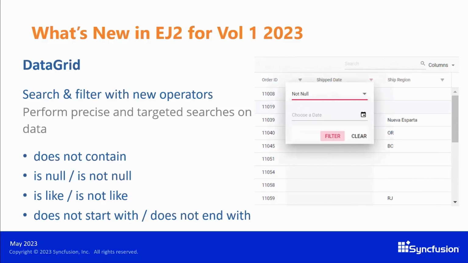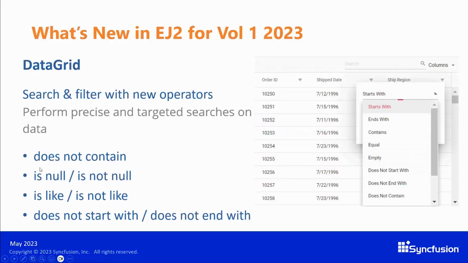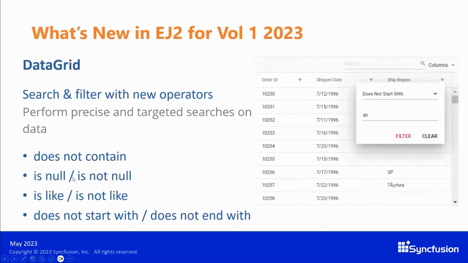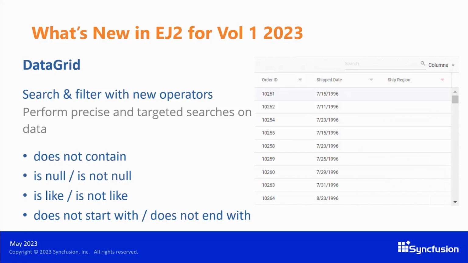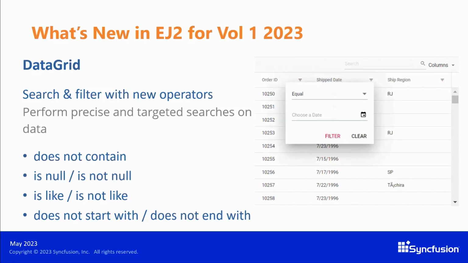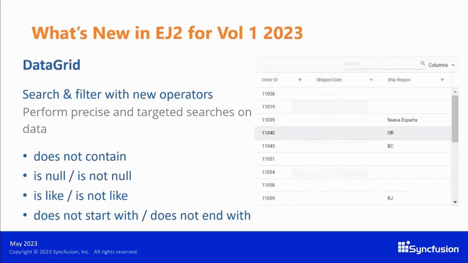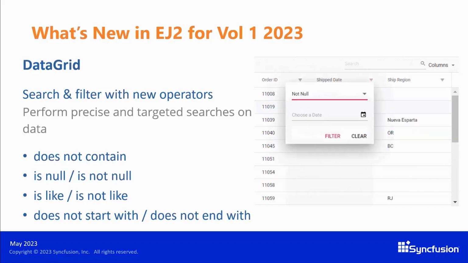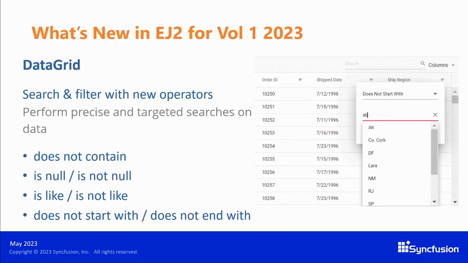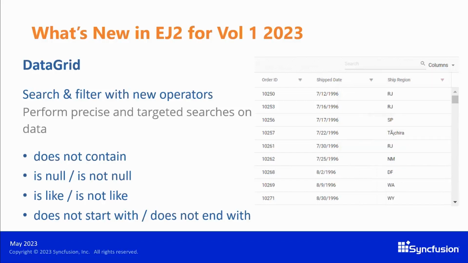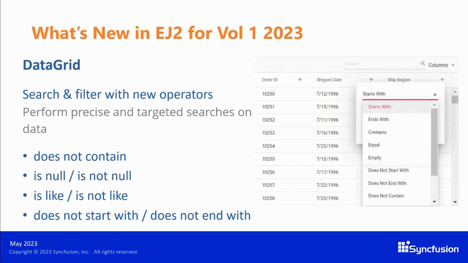In addition to that, a few new operators are added, like does not contain, is null, is not null, is not like, which means that if you want to filter or search for a particular item that does not contain a specific keyword or phrase, you can make use of these new operators to perform some precise and required searches on the data that you want.